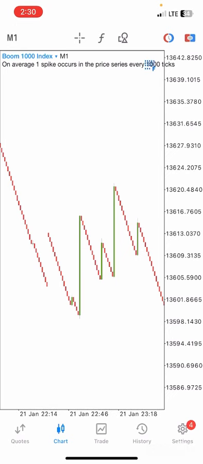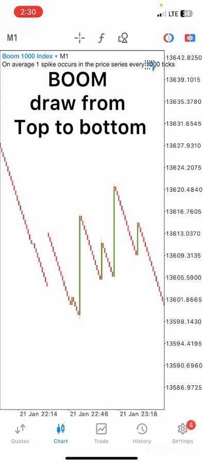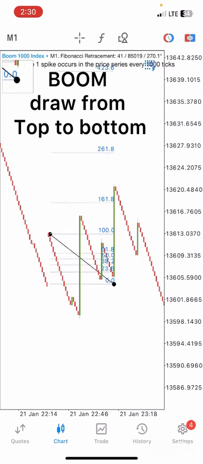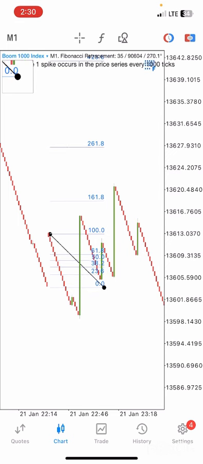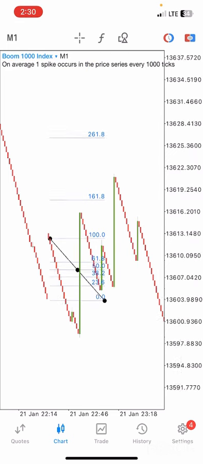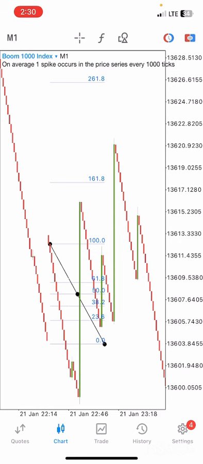For Boom, you are going to draw the Fibonacci retracement by starting from the top and ending at where the gap ends, like this, and you have drawn your Fibonacci retracement tool.